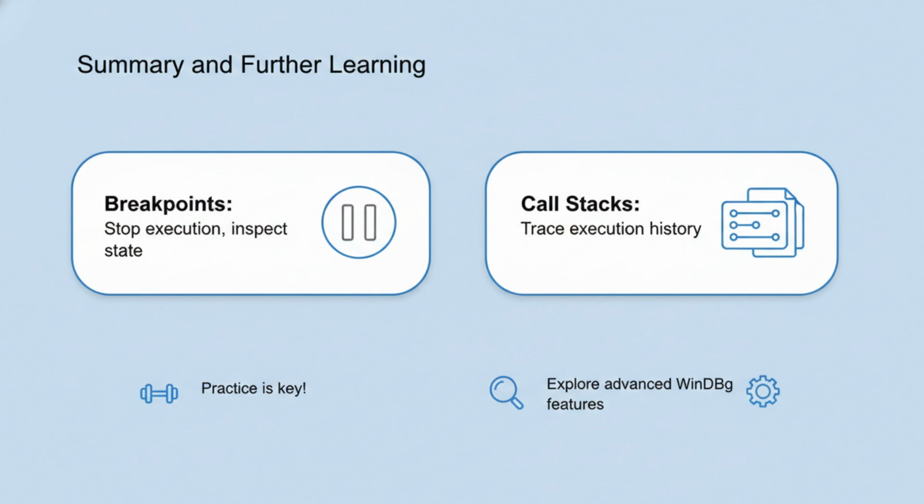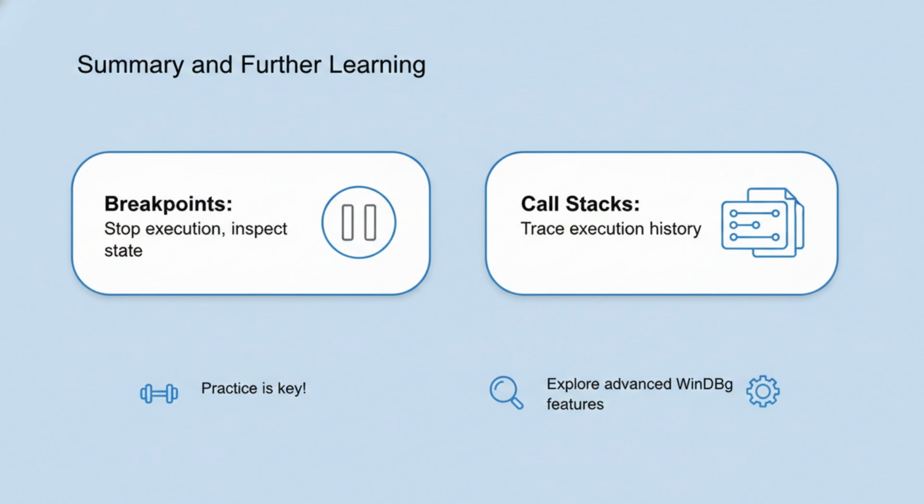We started by exploring breakpoints, learning how they allow you to deliberately stop program execution and inspect the program's state at precise moments. We covered various types, from simple software breakpoints to advanced conditional and data breakpoints, and how to effectively manage them using BL, BC, BD, and BE.